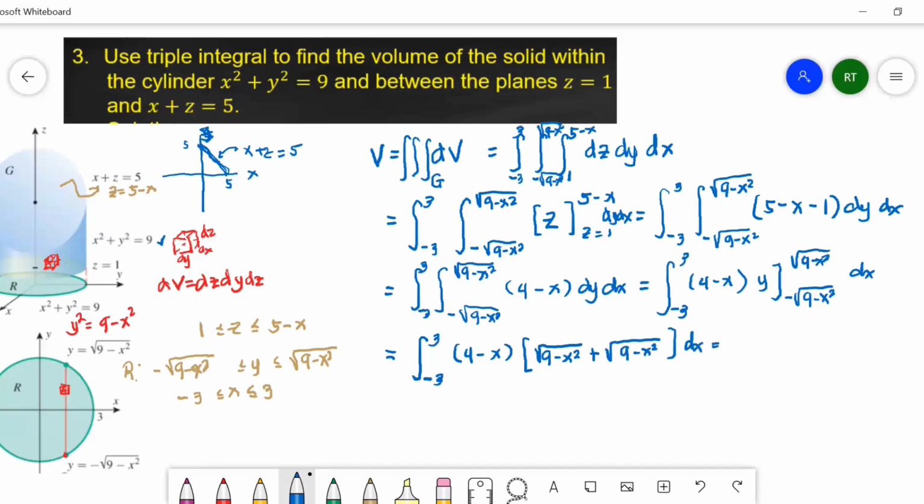Square root of 9 minus x squared plus square root of 9 minus x squared gives us 2. So we have the integral from minus 3 to positive 3. 2 times 4 is 8, so 8 times the square root of 9 minus x squared, then minus x times the square root of 9 minus x squared, times the differential of x.